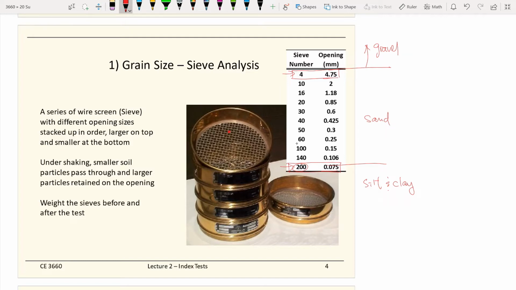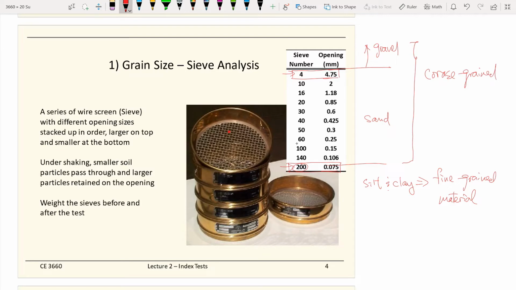And for silt and clay, we have another term: fine-grained material. And for the material retained on number 200, we call it coarse-grained material. Those are the terminology that we need to pick up here.